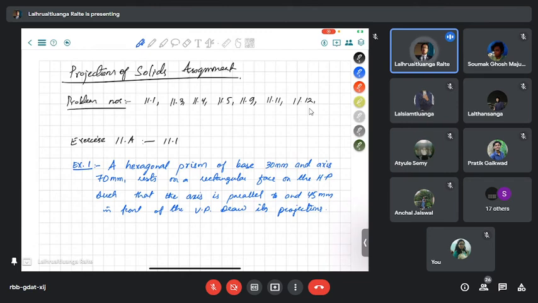Is it parallel to HP and perpendicular to VP? Is it parallel to VP and perpendicular to HP, or is it parallel to both the horizontal plane and the vertical plane?